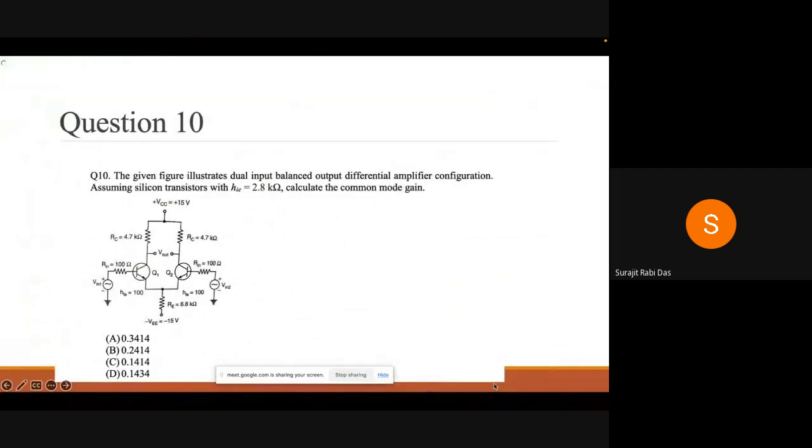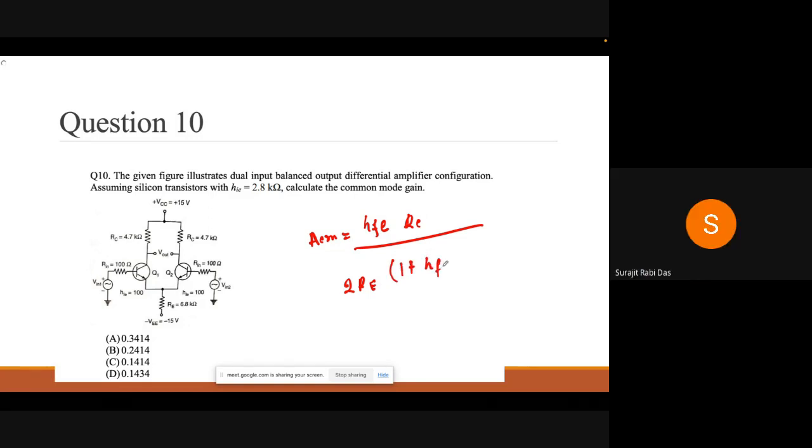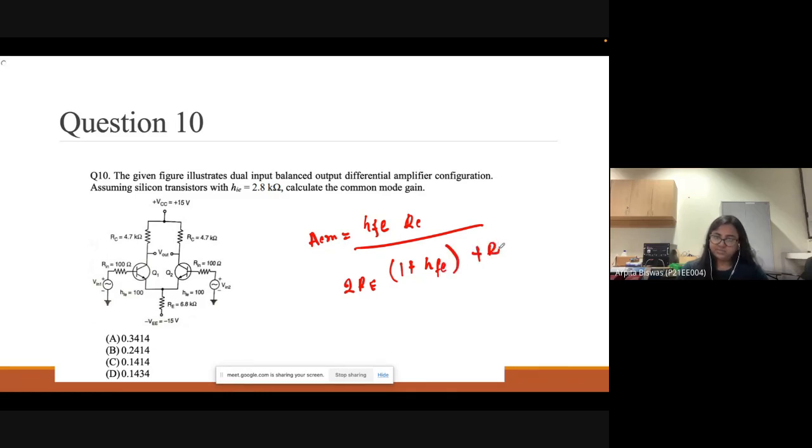I think it is HFE, then RC by twice of RE, 1 plus HFE, and plus RIN plus HIE.